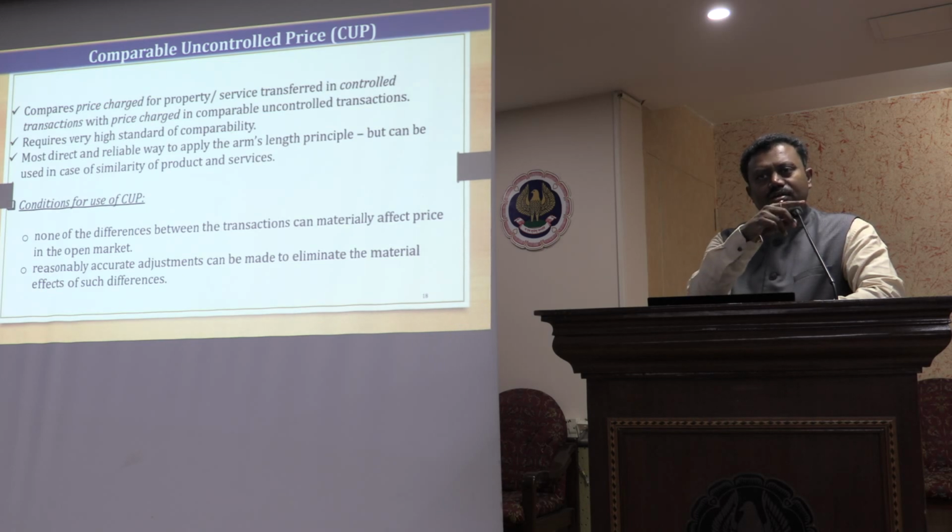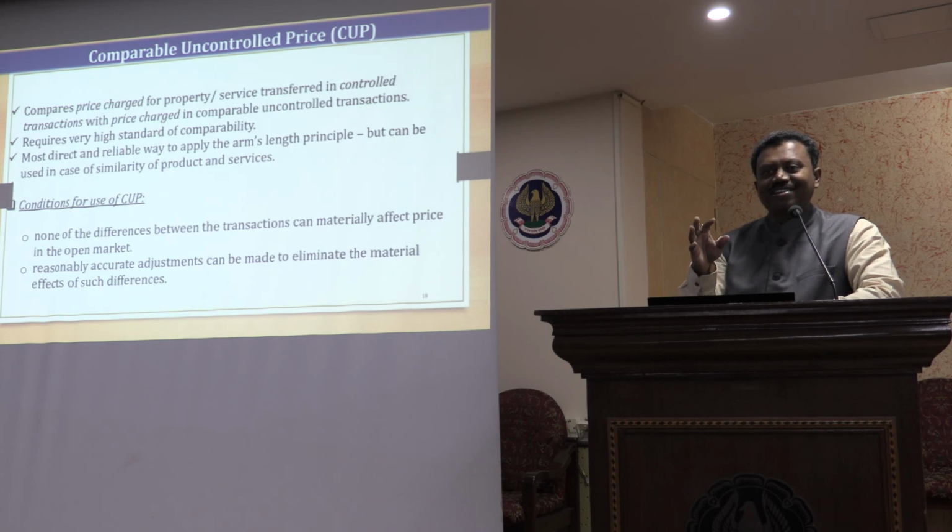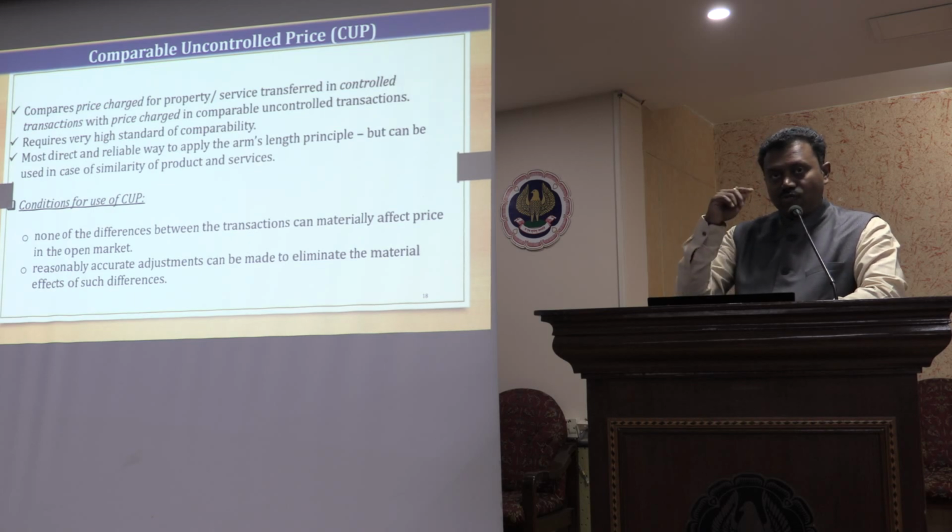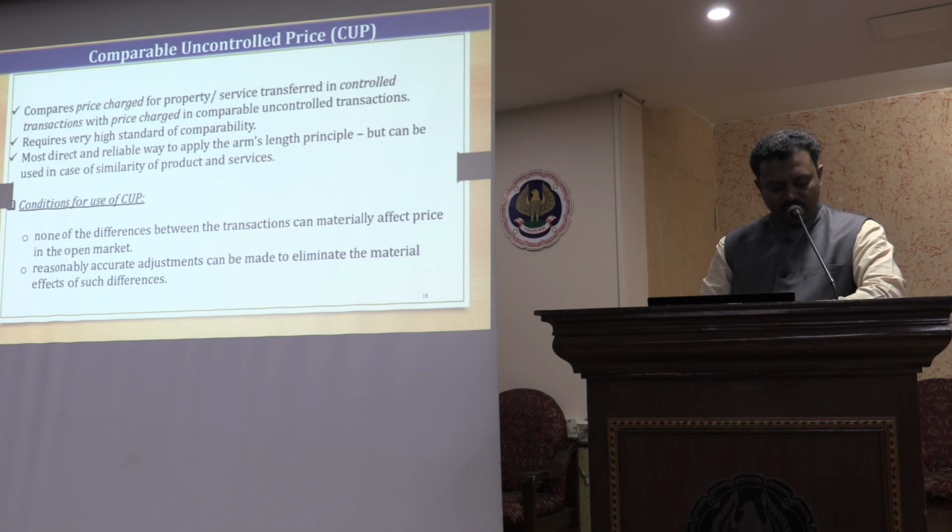The very simple example that I gave, product A, or say a television. Okay, let us make it easier. It's a television. When I am exporting, what should be the price? When I am selling locally, what should be the price? It is an uncontrolled transaction. With the foreign entity, it is a related party, but the Indian sale is an uncontrolled transaction.